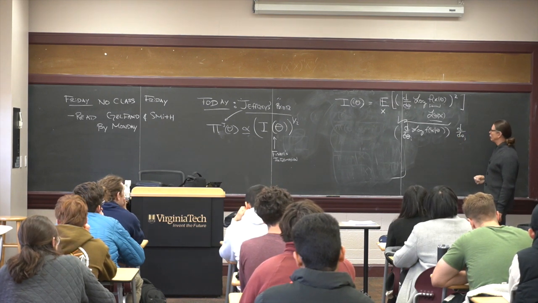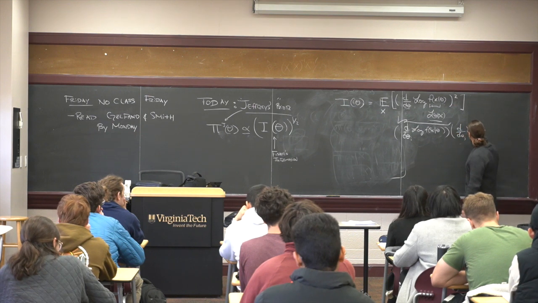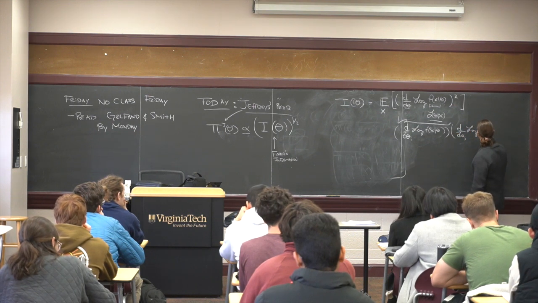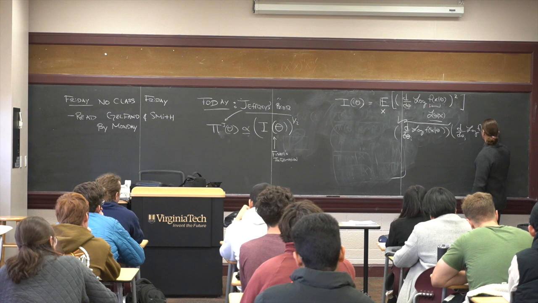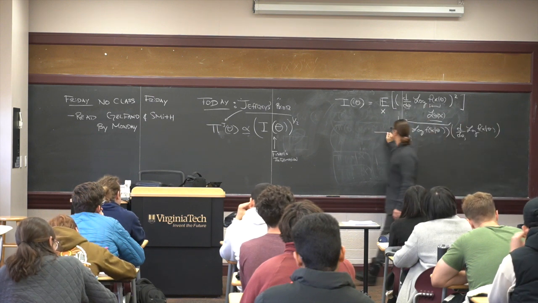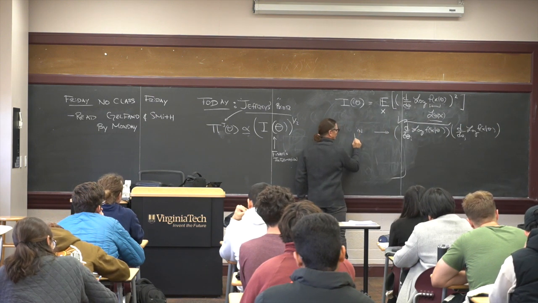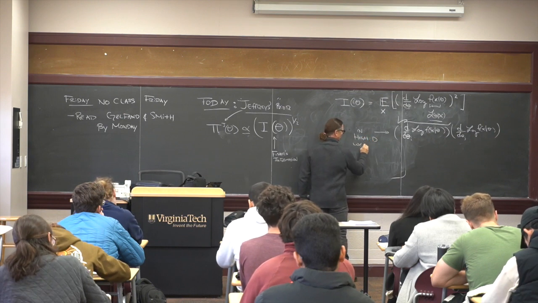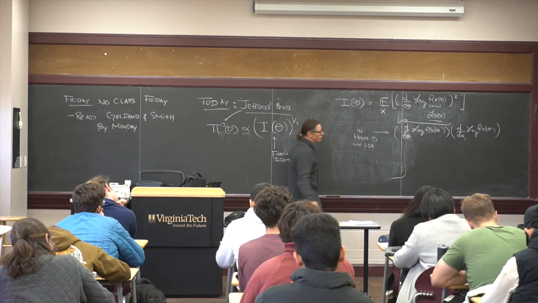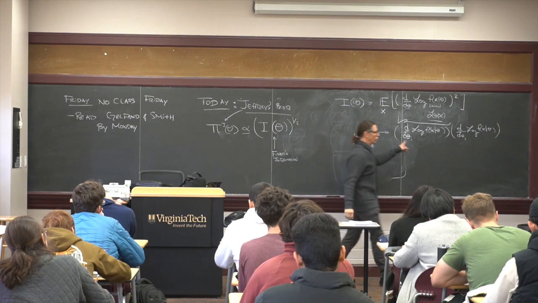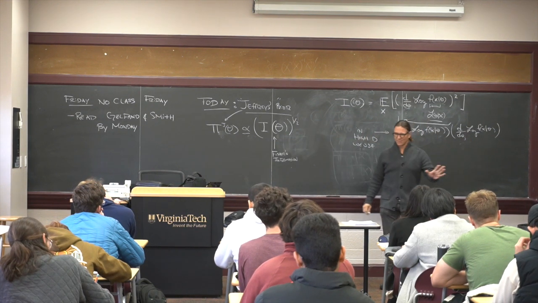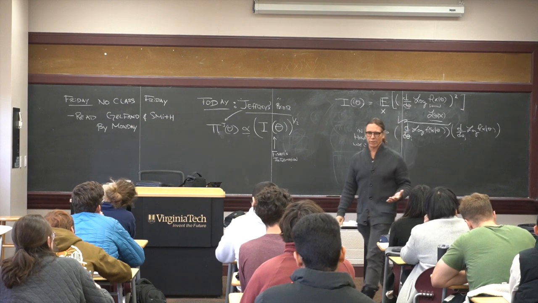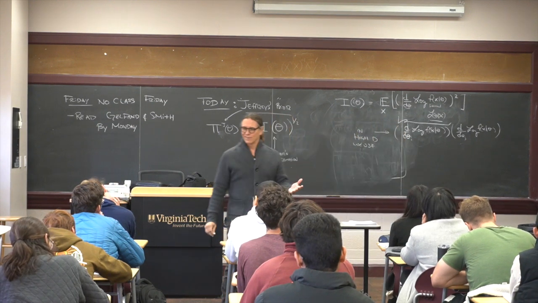So the elements are just going to be these things. These are partial derivative signs, if that's not obvious.